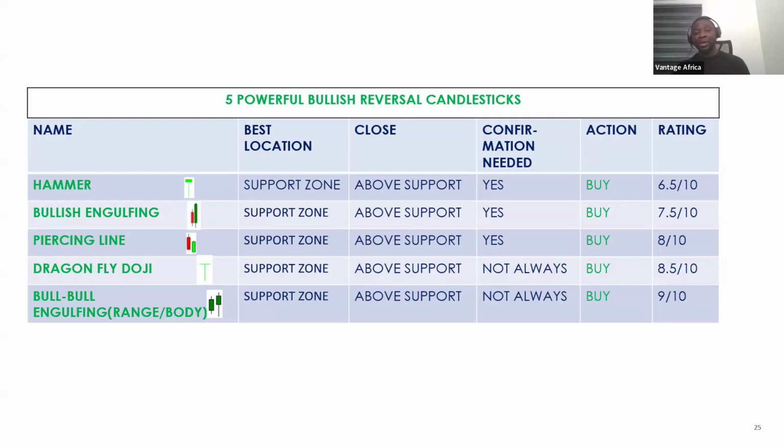In fact, the more of these candle patterns you have together, the better. There are cases where you can have a bullish engulfing and a hammer together in the same spot. That's an extra confirmation telling you this is a potentially good trade. I say potentially because it's still not guaranteed.